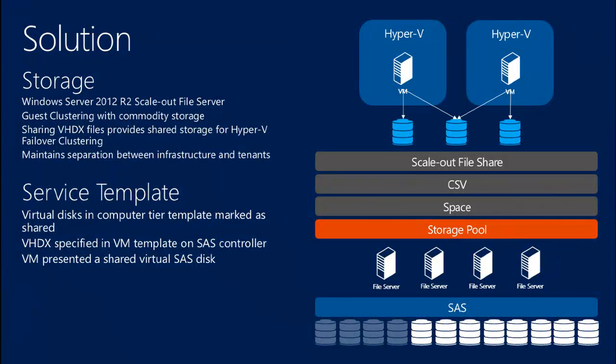In this case, I've got an OS VHD per VM. Obviously, that can't be shared. And then I've got one shared disk for both VMs. The two VMs do not have to be on the same physical machine. They can be on separate machines, right? And so you have scalability or high availability at the scale-out file server level. You have high availability at the Hyper-V level. And now for the guests themselves, you have high availability as well.